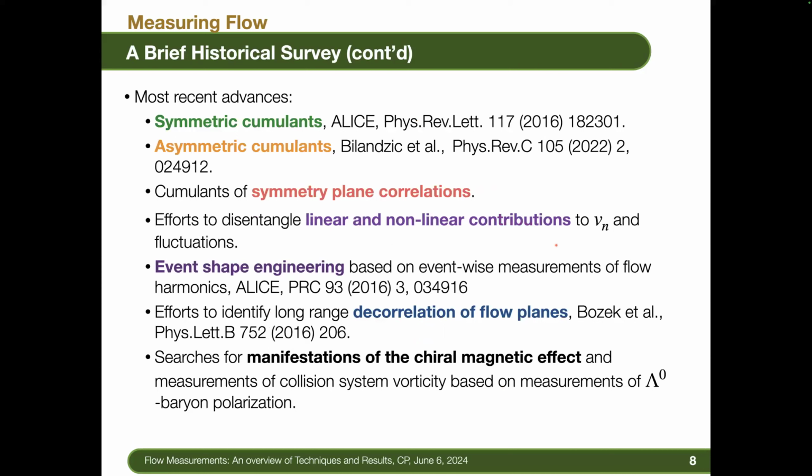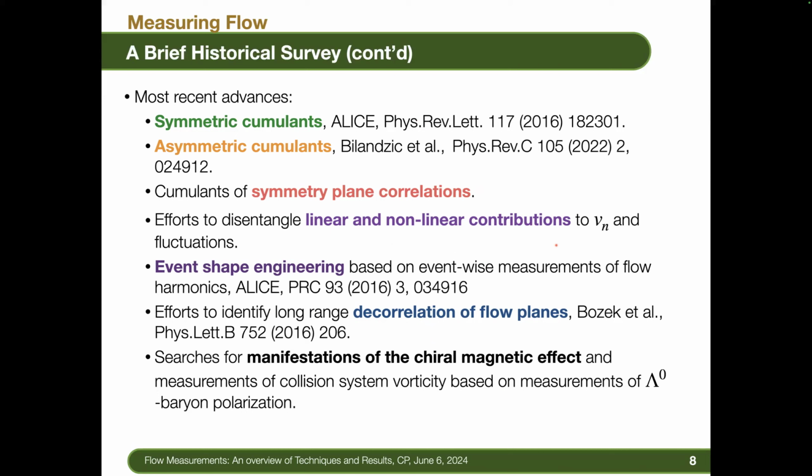Last slide on this historical survey is just to mention that after this development of the generic framework, there were also new techniques, new interests that were developed. And this led, for instance, to the creation of so-called symmetric cumulants, asymmetric cumulants, normalized symmetric and asymmetric cumulants.